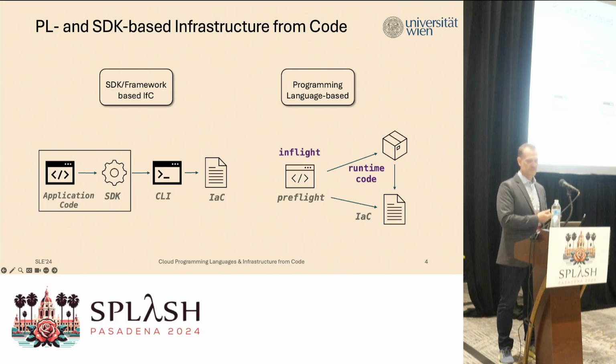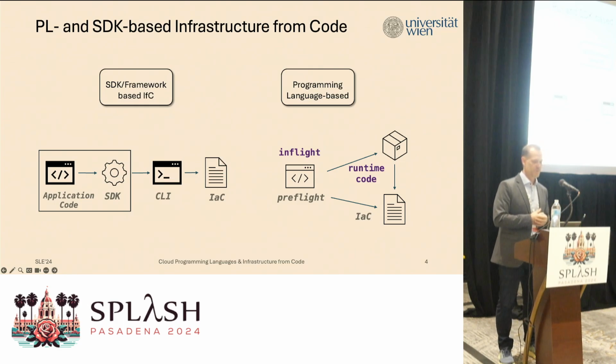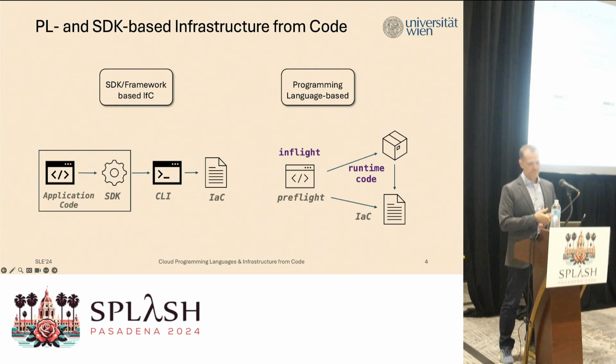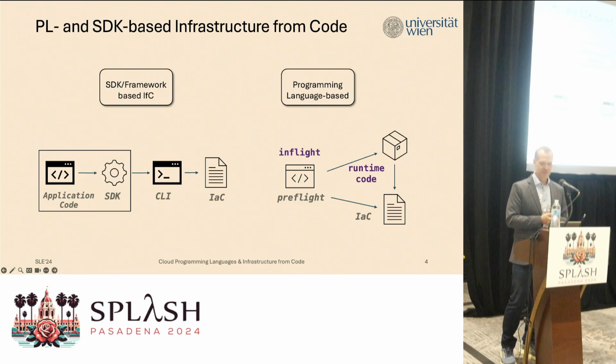After a thorough evaluation of the many IfC, or infrastructure from code, approaches, we selected Nitric and Wing. Nitric representing the SDK approach and Wing Lang the programming language-based approach. So the criteria were availability, cloud agnostic support, production readiness, etc.